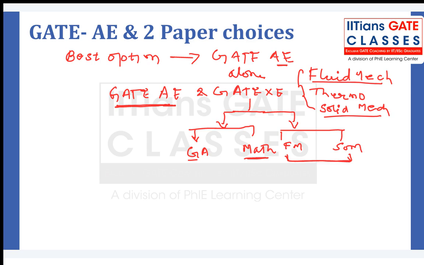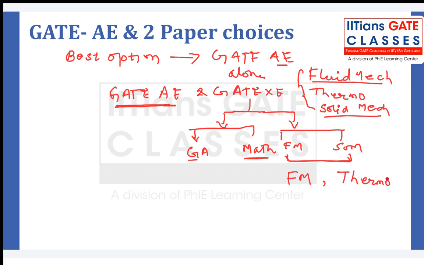Then you can choose FM and thermo. This is the second good option. So this is about the paper and how to prepare. Don't worry, you need not prepare much more.